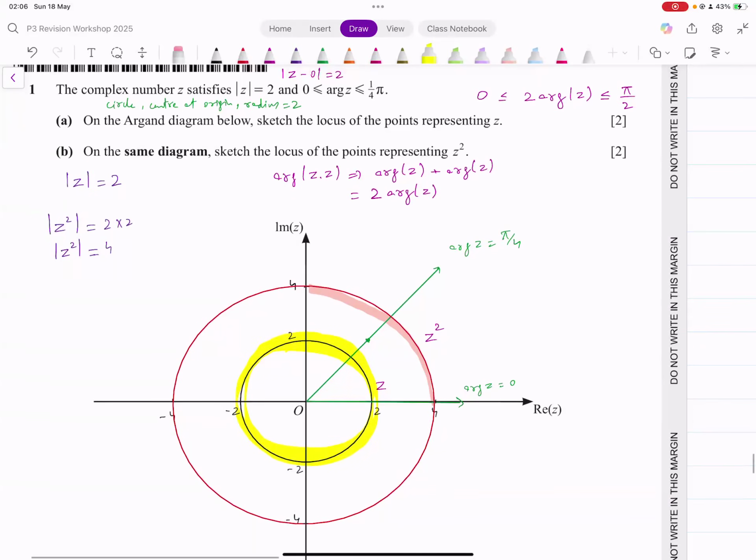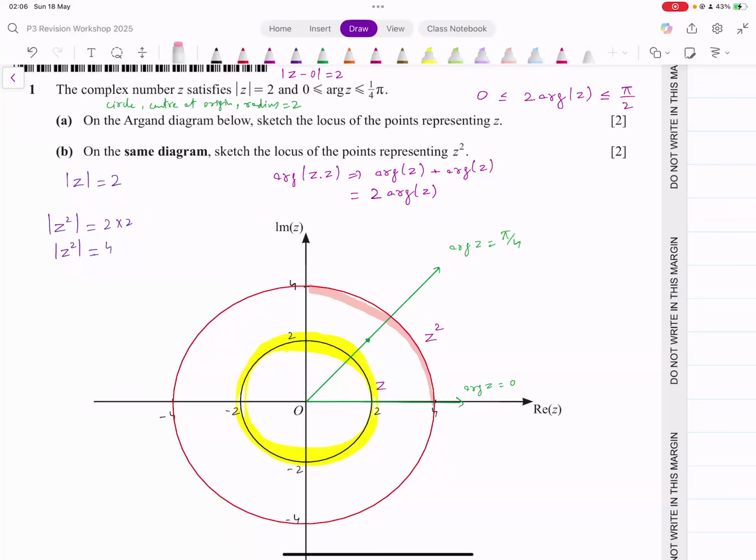And the argument is between 0 and pi over 4. Now it has to be on the circumference. The argument is between 0 and pi over 4. That means 0 and 45 degrees. So we draw a 45-degree line here, pi over 4 gradient line, and a 0 gradient line.